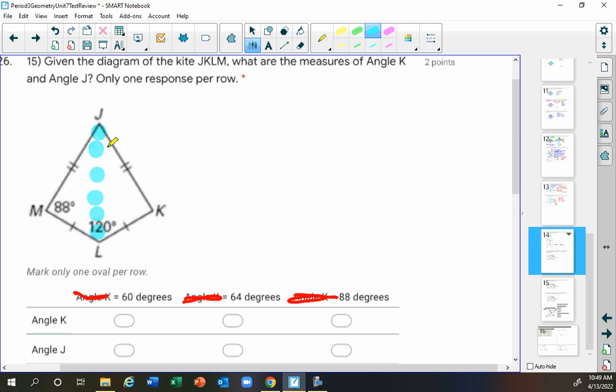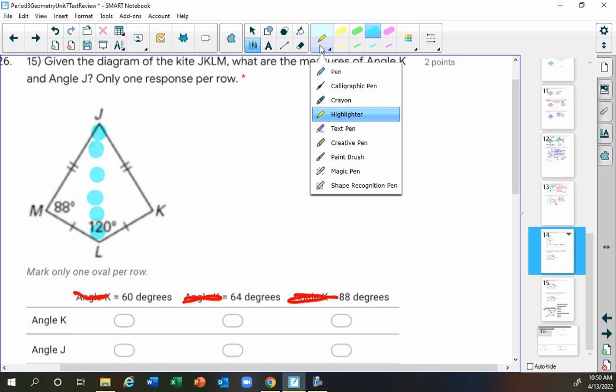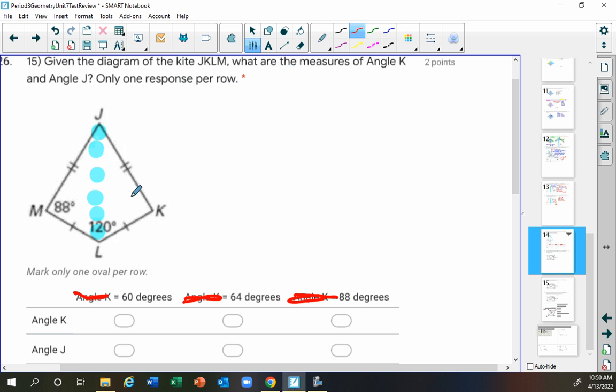The only reason why I say you have the mirror here is for this angle that's directly across from angle M. So angle M is 88. That means angle K must also be 88, because there's your mirror right down. This is going to be 88.